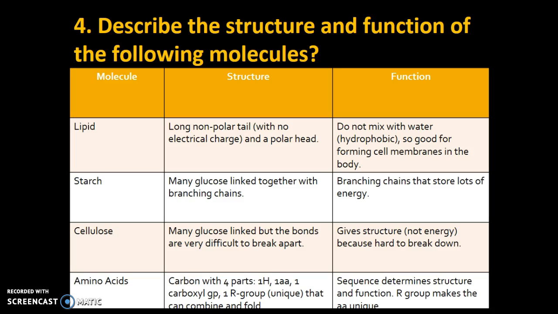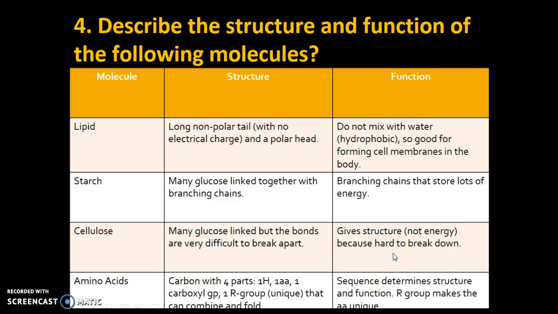So starch and cellulose are both carbohydrates. Many glucose linked together, but the bonds are very difficult to break apart, which means that it's giving structure. So think of a tree and its hard structure. That cellulose is giving it that structure.